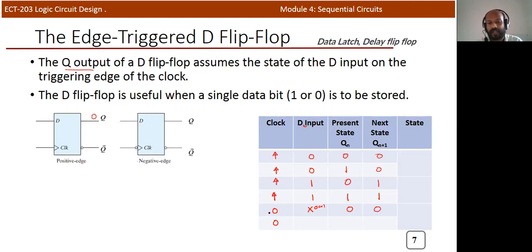That is, if there is no clock signal, the output will not change, so 0 will continue in the next state also. Similarly, if the clock signal is 0, there is no importance for the D input, whether it is 0 or 1, and assume that the present state is 1, then there is no change in the output. It's exactly the same.